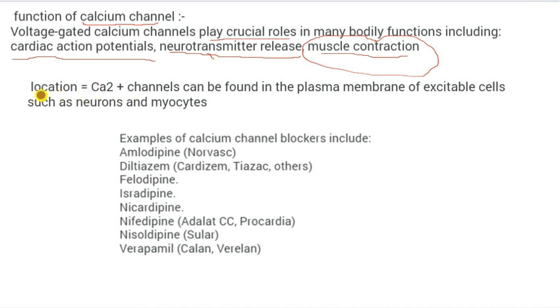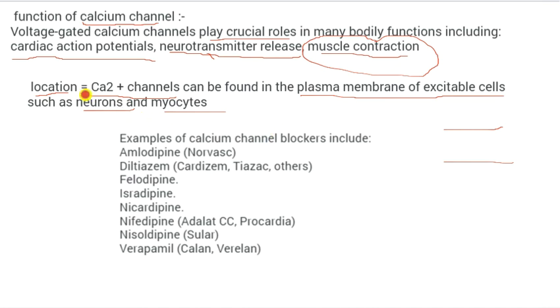Where can we find the calcium 2 plus channels? They are present in the plasma membrane of excitable cells such as neurons and myocytes. Excitable means polarizing cells. Neurons and myocytes are examples of excitable cells, so they can excite.